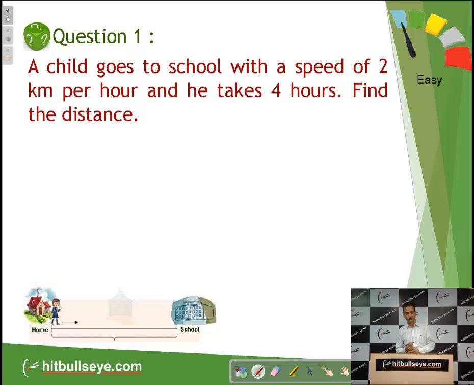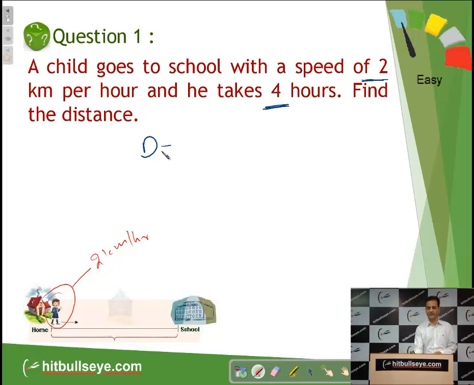A child goes to school with a speed of 2 km per hour and he takes 4 hours. Find the distance. Speed is given, students, 2 km per hour, time is given, 4 hours. So what is the distance?